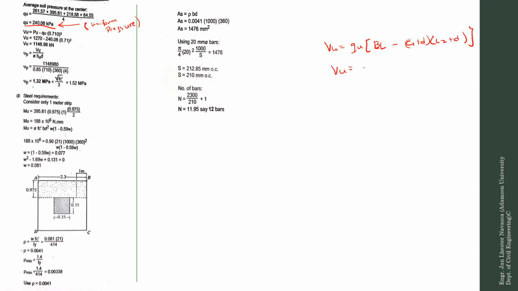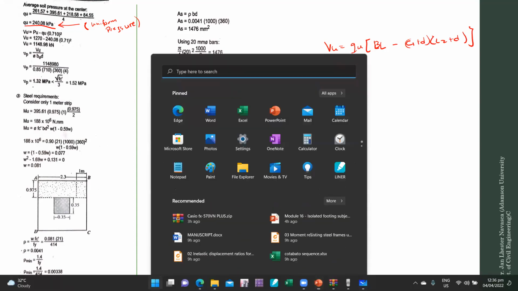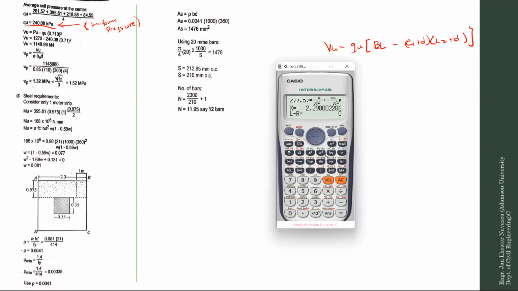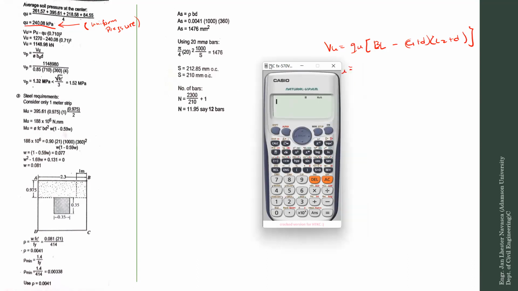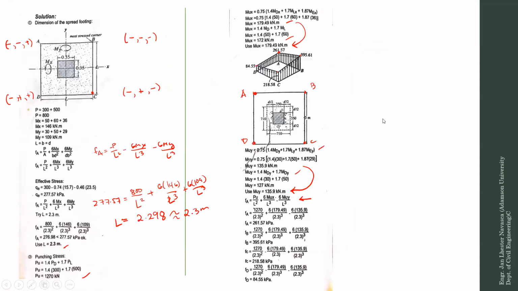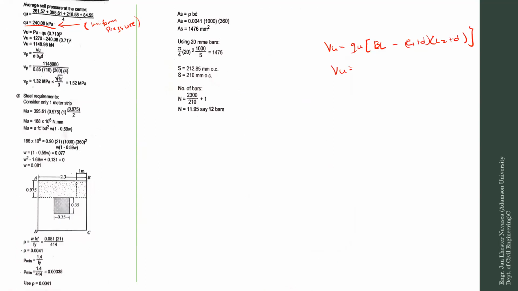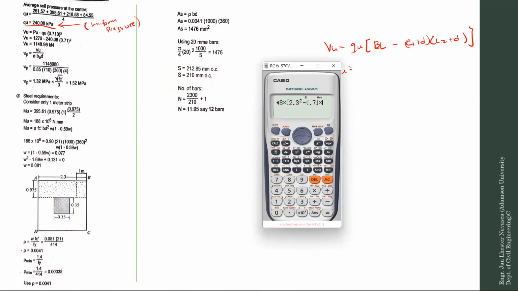Okay, let's try. So, you have your 240.08 multiplied by B by L, which is 2.3 squared, minus your C1 plus T and C2 plus T. Ano ba yung C1 plus T and C2 plus T natin? That is 0.71. Okay, we still get 1148.98 or 99.